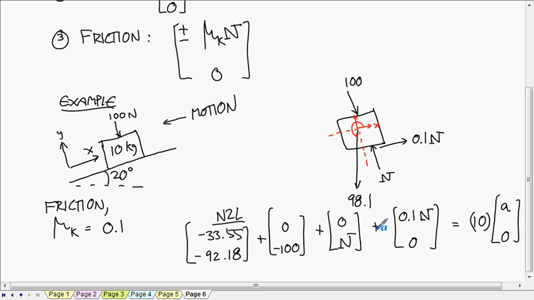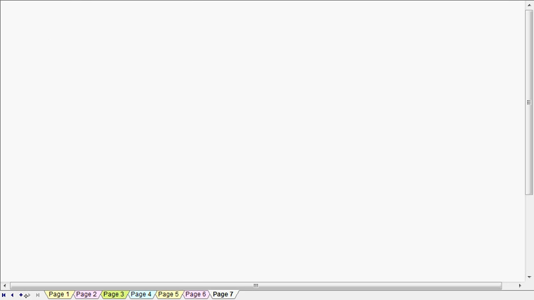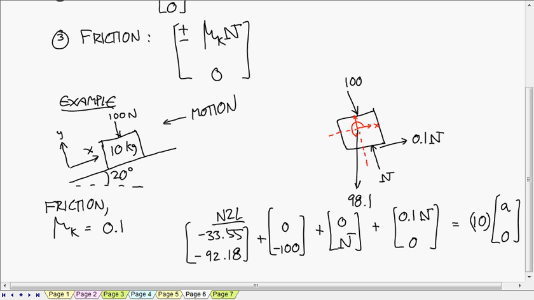So, the second equation says n is equal to positive 192.18.